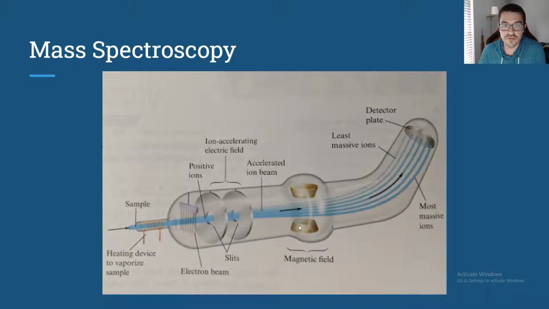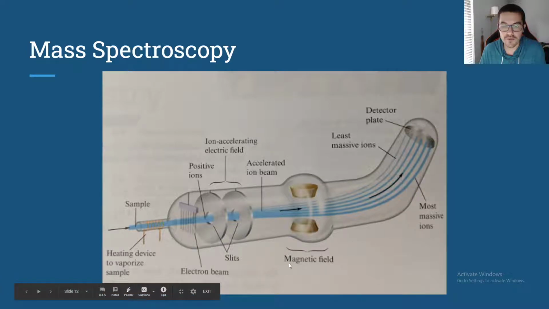The purpose of this device is to separate the element beam into its different isotopes, or its different versions, and then to measure how much of each version there is using this detector plate.